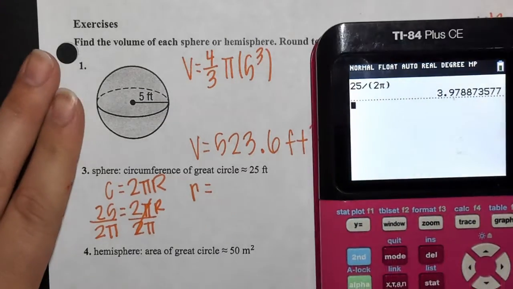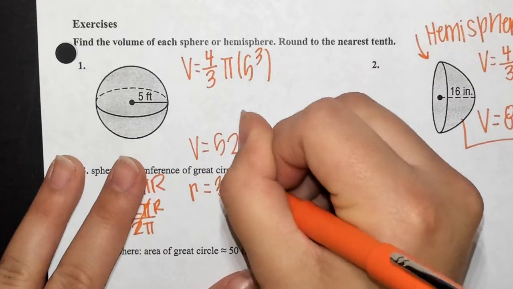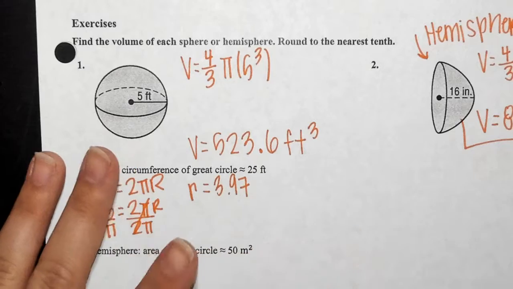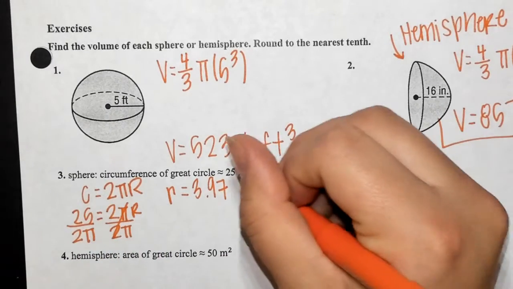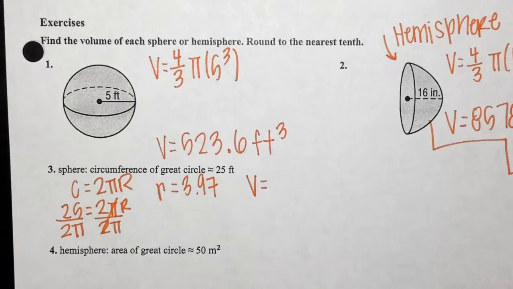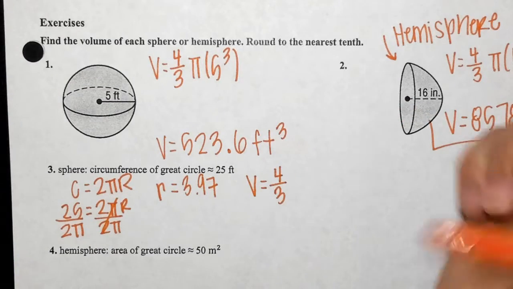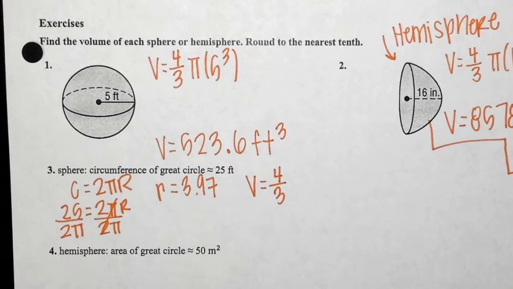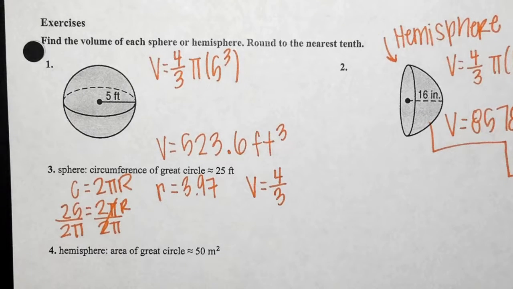So our radius is 3.97. Now can I find the volume? Do I need to divide by 2, or am I finding the whole thing? We're finding the whole thing. I'm just going to leave it as 3.97. Your answer will probably be very close if you round to 4.